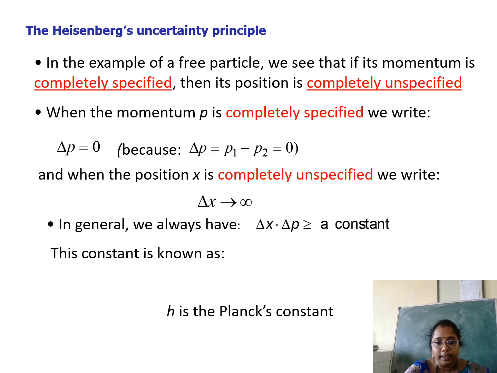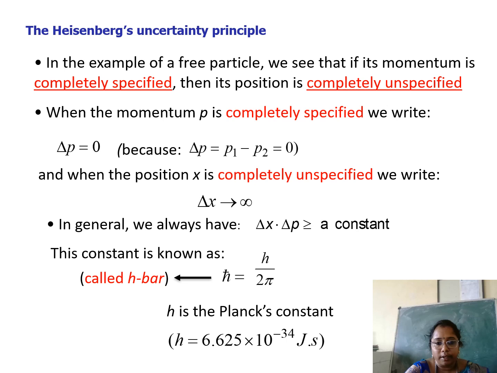Here, completely specified means delta p tends to 0, and completely unspecified means delta x tends to infinity. So delta x dot delta p is always greater than a constant, and that constant is h cut. h cut is equal to h by 2 pi, where h is Planck's constant, whose value is 6.625 x 10⁻³⁴ joule second.